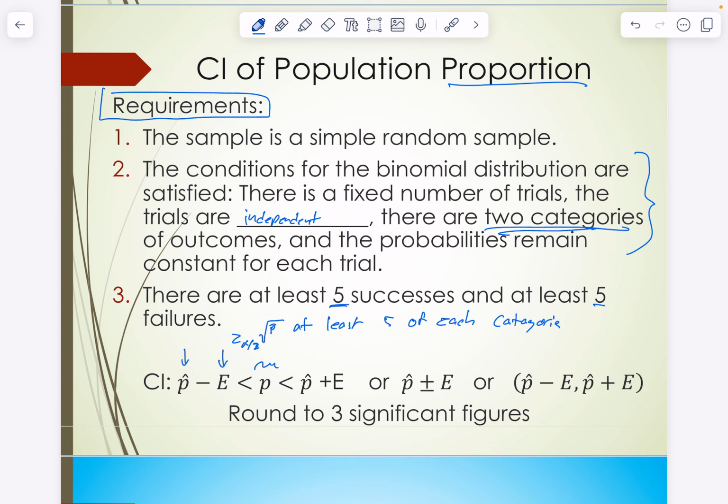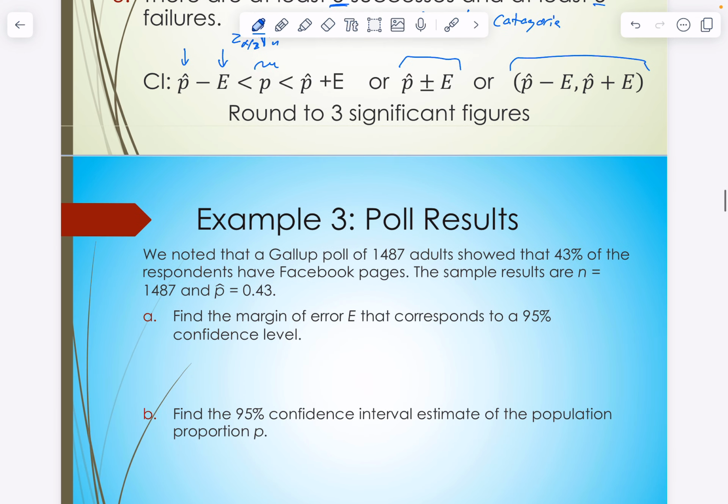Remember that the margin of error is constructed like this. Your sample gives you, and critical value and confidence level gives you everything you need to know about that. These are sometimes denoted like this and like this. Oh, and round to 3 significant figures.